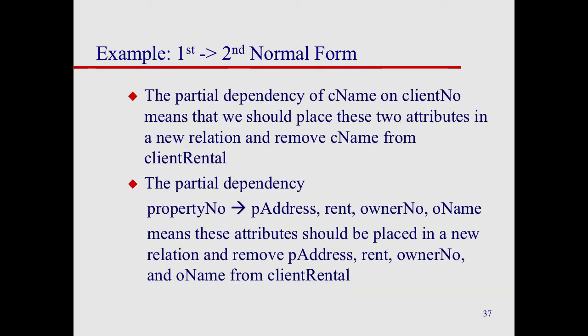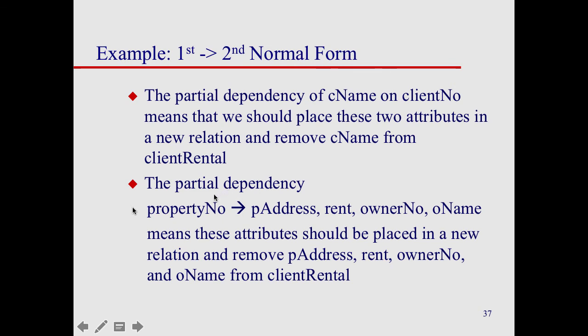Okay. So what we have to do is we're going to remove the attributes on the right-hand side of the property number's functional dependency, and we're going to move them to their own relation.